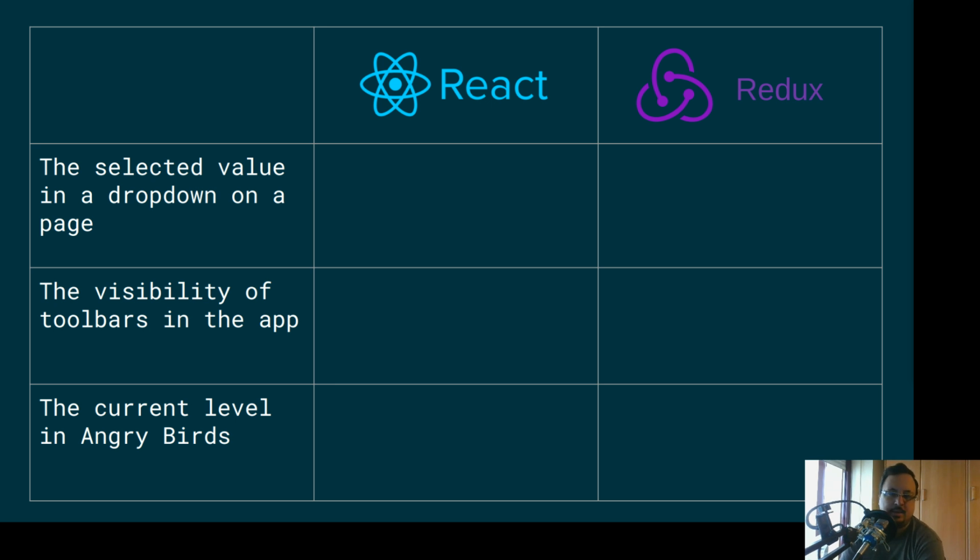So in the first case, the selected value in a drop down on a page. While you are clicking in an interface, you click on the drop down and select one. You are not submitting that form. It's like a state that you are in at that moment, so maybe a case of short-term state.